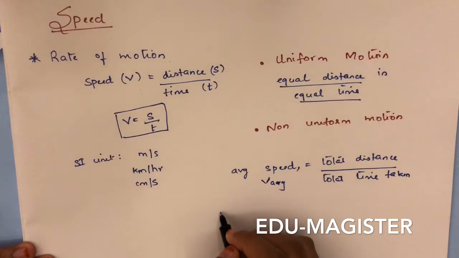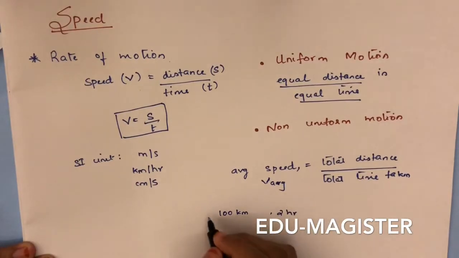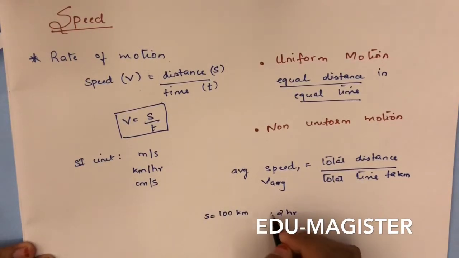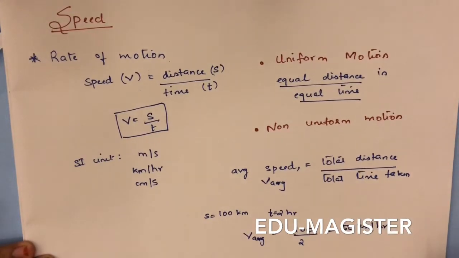Suppose a car travels 100 kilometers in 2 hours. So that means S is equal to 100 kilometers and time is equal to 2 hours. In this case, V average would be 100 by 2, that is 50 kilometer per hour.